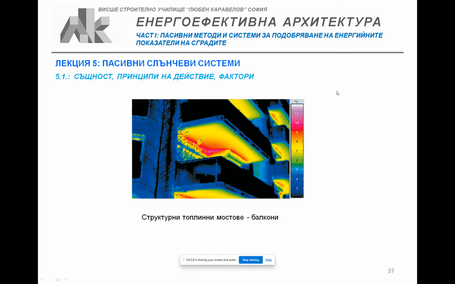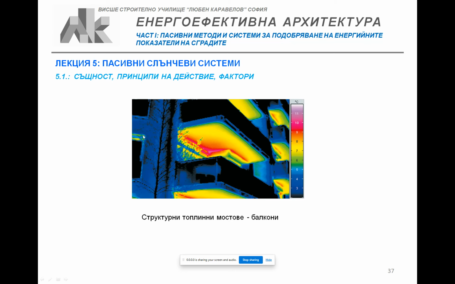And this is an infrared thermal picture of structural thermal bridge, a balcony, and all the amount of heat it radiates to the outer colder environment, while the walls that are insulated almost do not radiate.